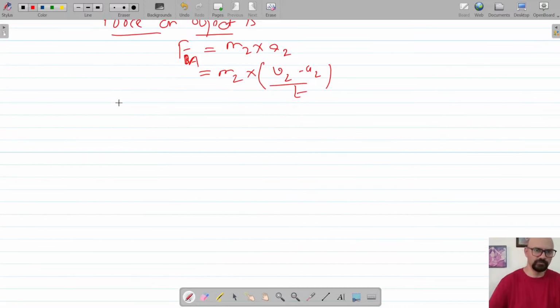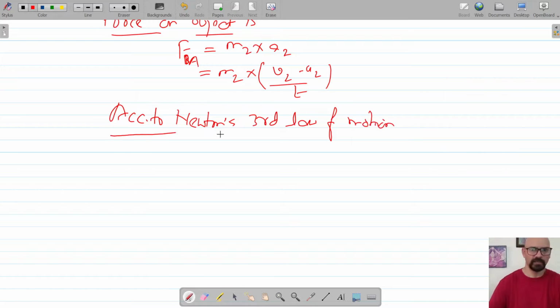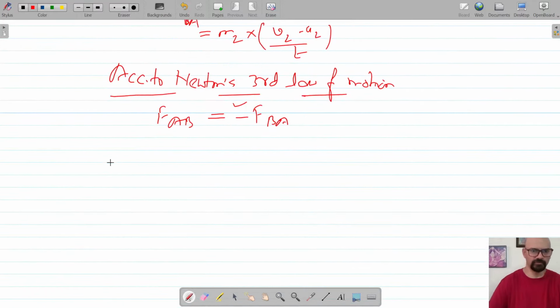According to Newton's third law of motion, action and reaction are equal and opposite. So we are going to use Newton's third law of motion. For opposite, we put in the negative sign. Let's now write down the two forces.